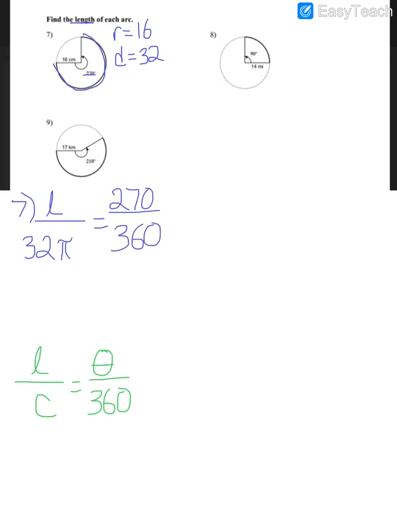And then we can cross multiply to solve this. So we have length times 360 equals 270 times 32 pi. And then we need to divide by 360 on both sides.